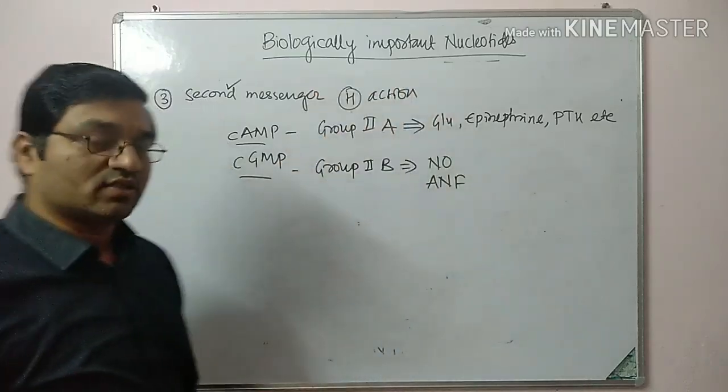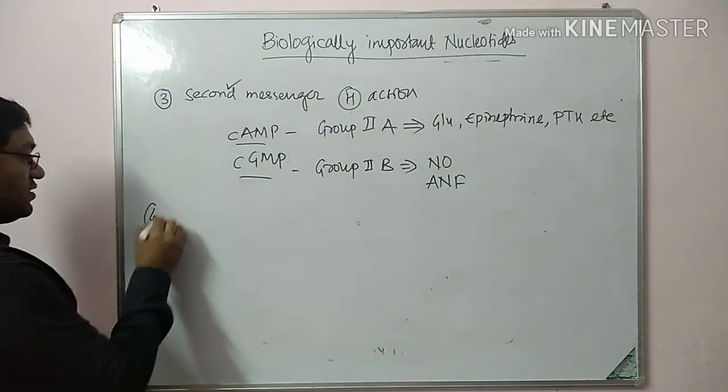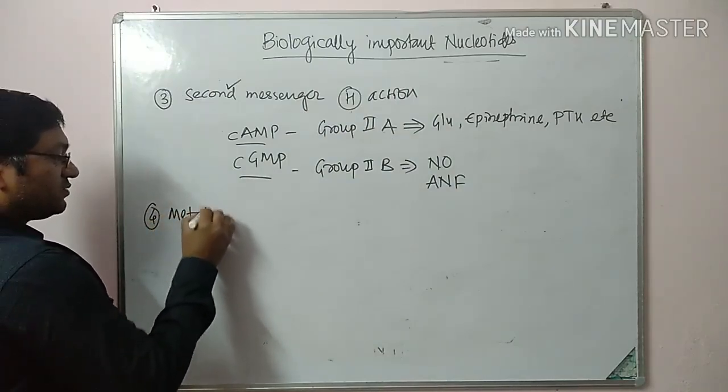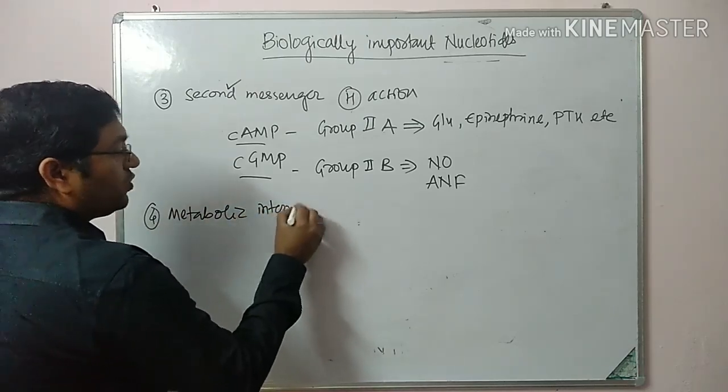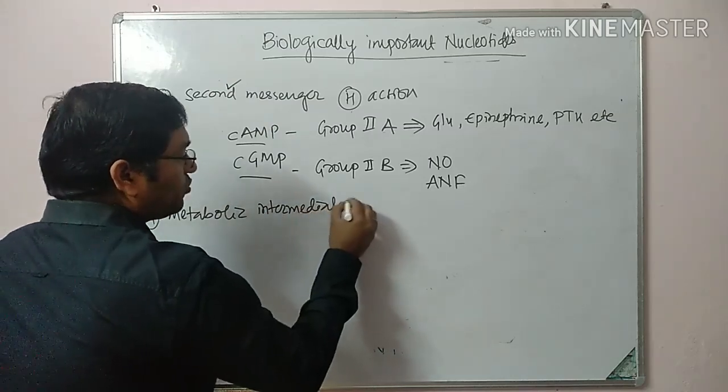Then the fourth one is metabolic intermediates. Some nucleotides are metabolic intermediates.